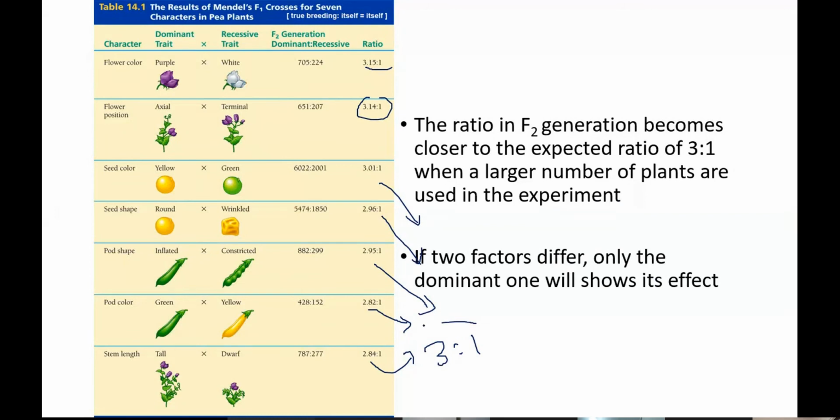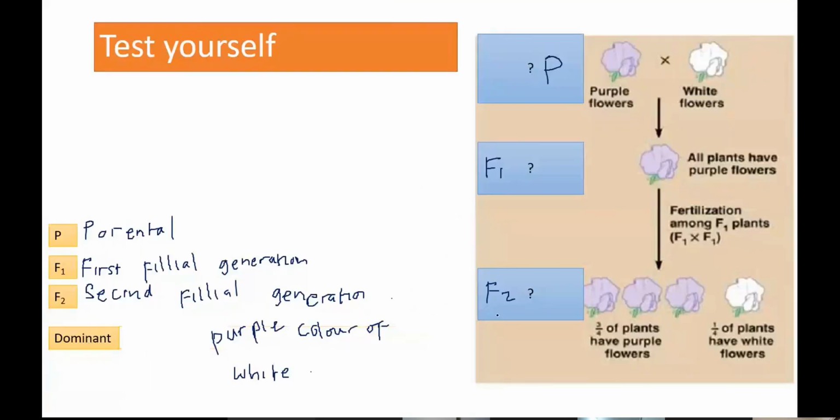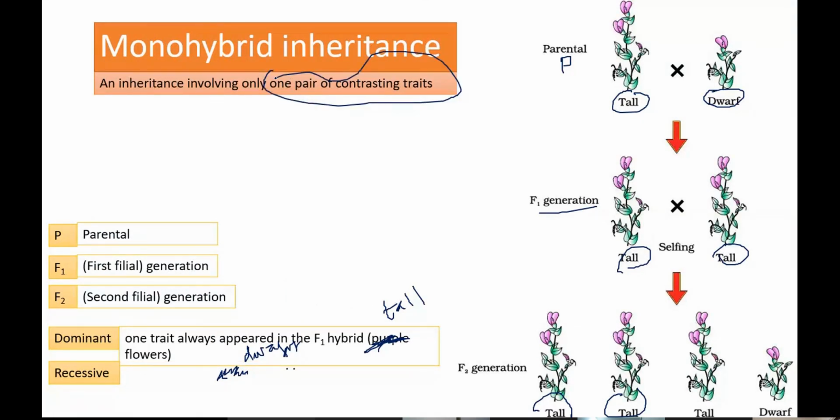This is the conclusion from the monohybrid experiment. Remember, monohybrid experiments involve only one pair of contrasting traits. Any concerns? Understood?